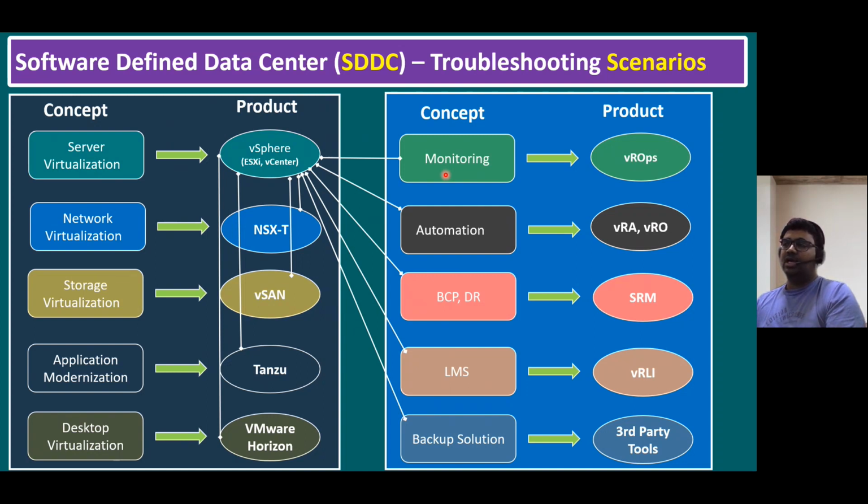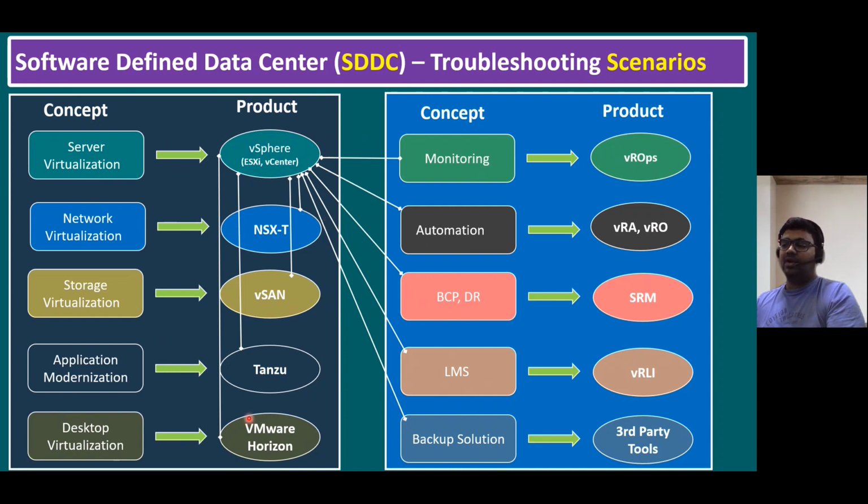Okay, so this is the high level overview of software defined data center and all the troubleshooting scenarios. In these scenarios we mainly talk about 10 scenarios on each topic. But one key point here is, all these products are integrated with our vCenter server, and vCenter server is the primary management platform. Now imagine when the vCenter server is down, what will happen?